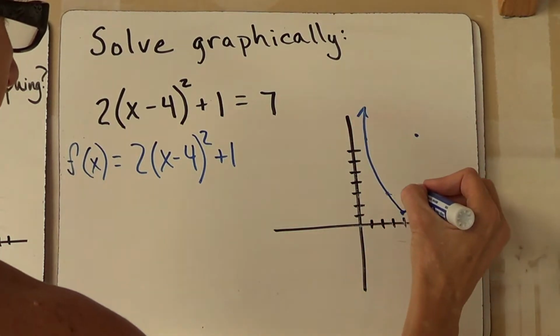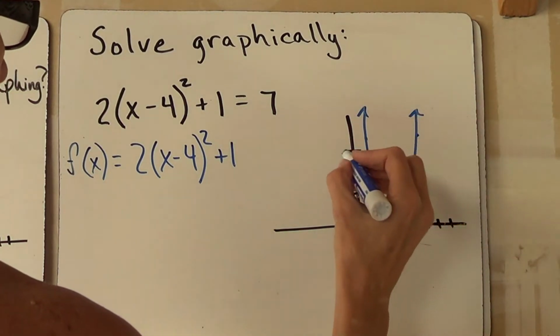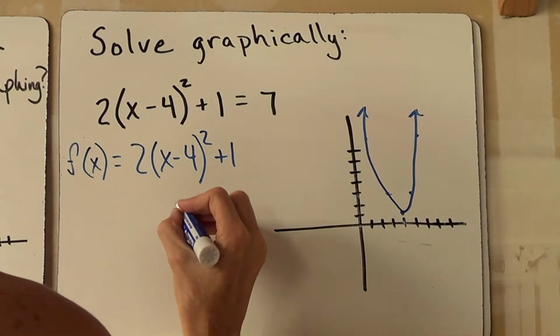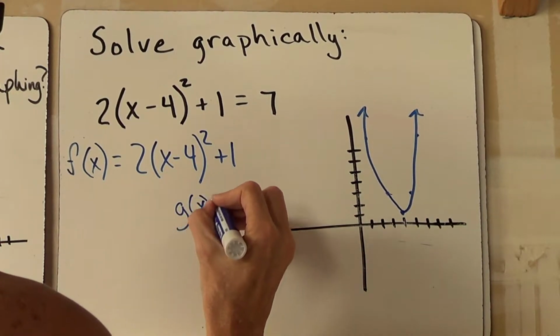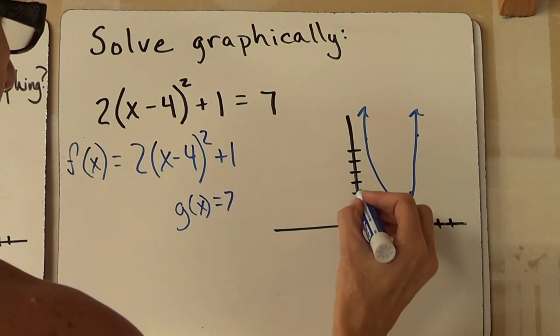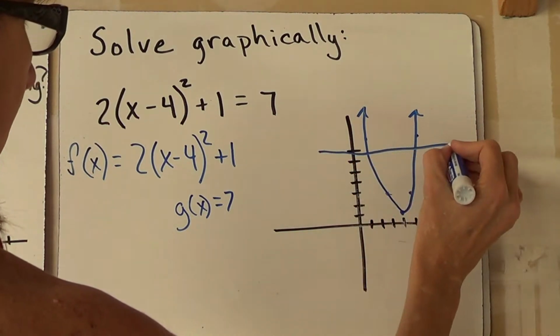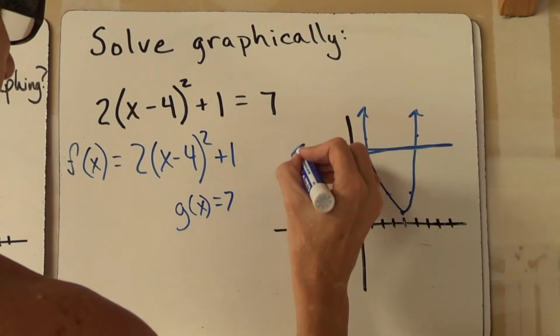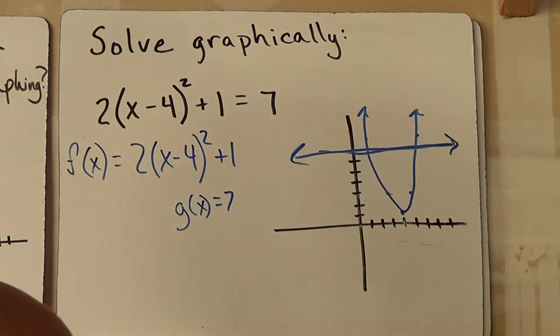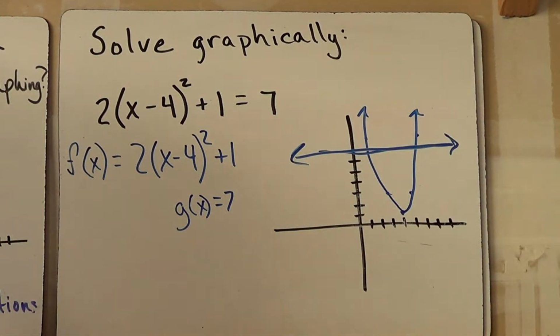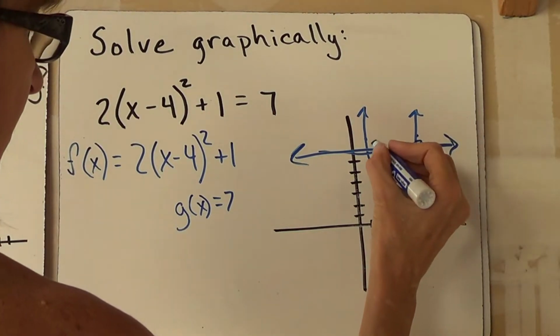There is my parabola. And now to graph my g of x equals 7, I'll just come up to 7. And draw a straight line. Definitely use a ruler in class. Okay? So this shows the two solutions.